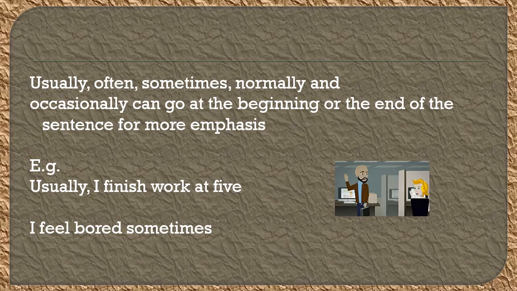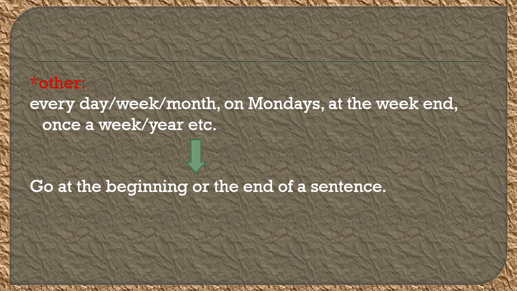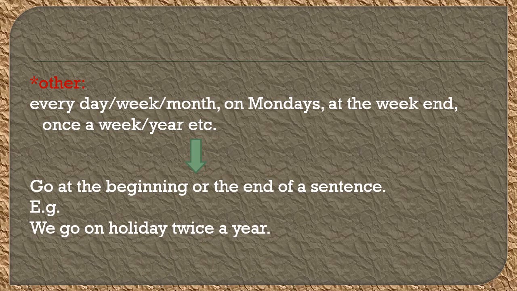Other expressions like every day, every week, every month, on Mondays, at the weekend, once a week, or once a year can go at the beginning or the end of a sentence also. For example, we go on holiday twice a year.